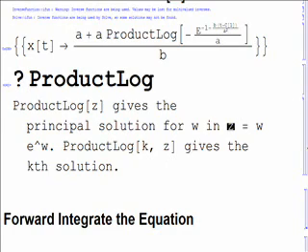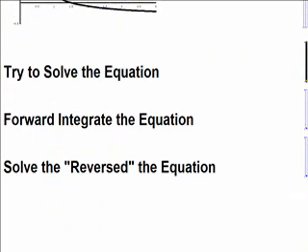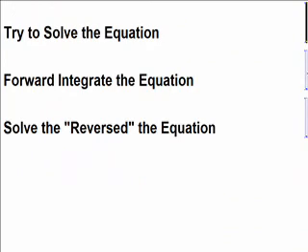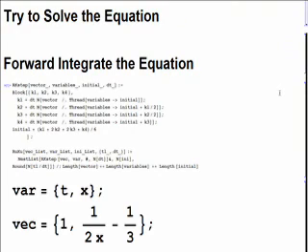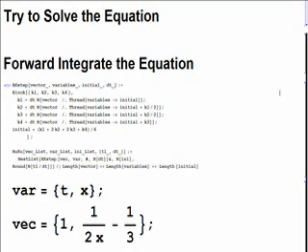So let's give up on trying to solve the equation, and for the moment, let's try to forward integrate the equation. Now, in Roman Mader's book on programming in Mathematica, he actually provides code for the Runge-Kutta algorithm.